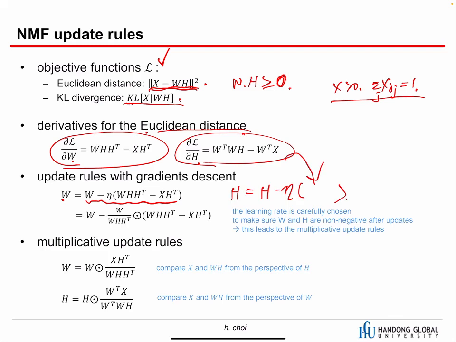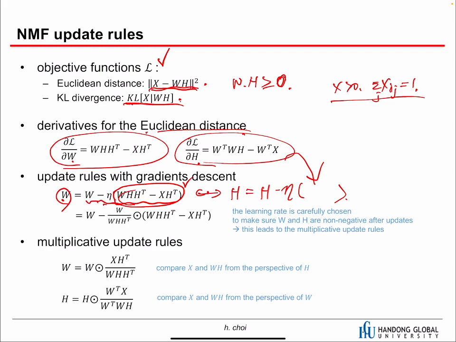But there's a problem with these update rules, because what if this one is too large? Then W minus something could be negative. In NMF, everything should be positive, but in the update rule, there is a possibility of negative values after this update, so that's not the right kind of direction.